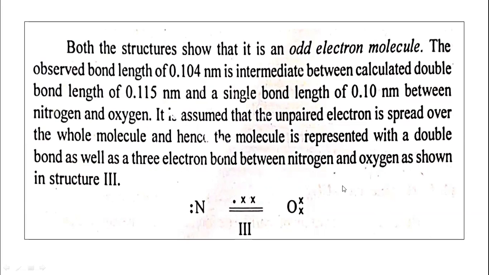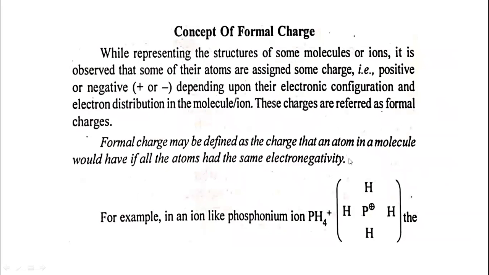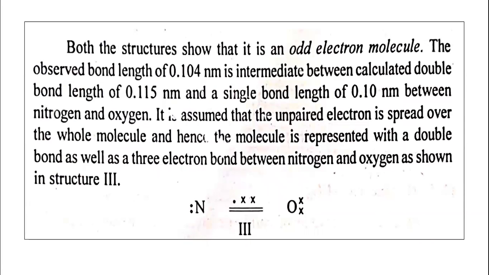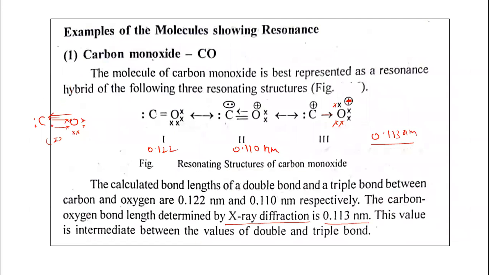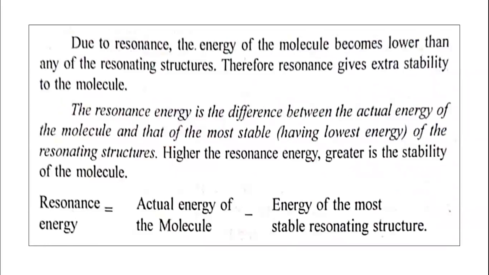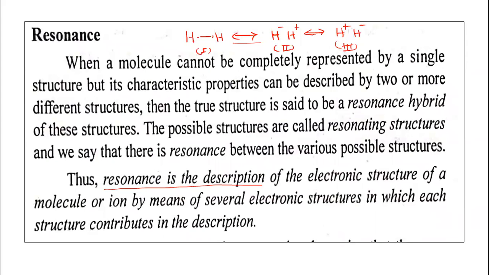As shown in structure 3. In this way we can explain the resonance present in a number of molecules. We can take other examples also to show the resonance. So what is resonance? Resonance is the description of the electronic structure of a molecule or ion by means of several electronic structures.